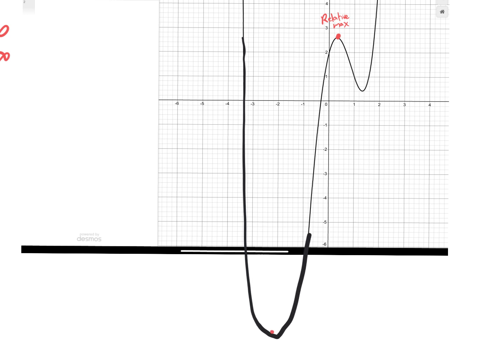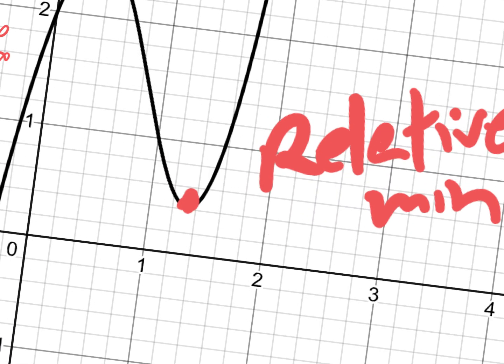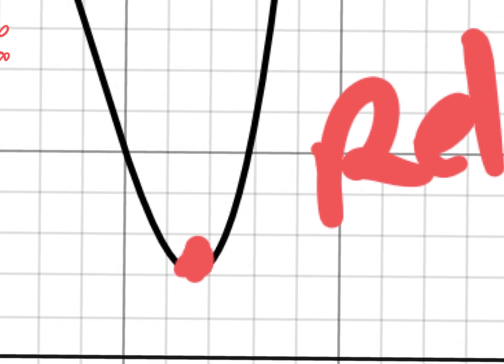So this guy right here would be the absolute minimum value, okay? Now, that's an absolute, but this guy right here is a relative minimum, right?